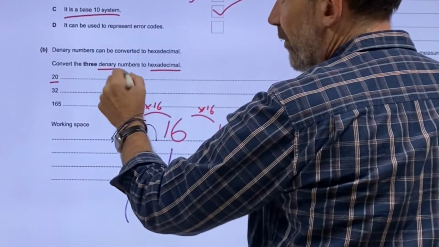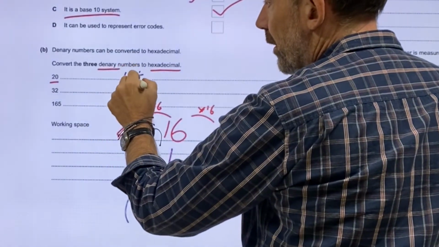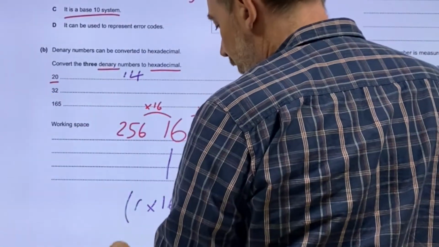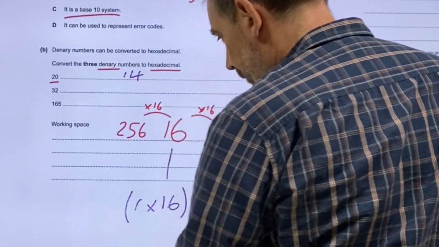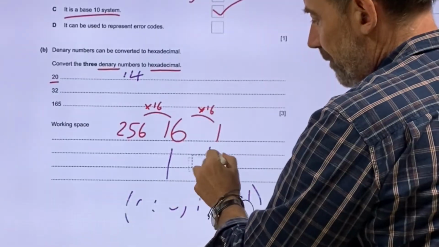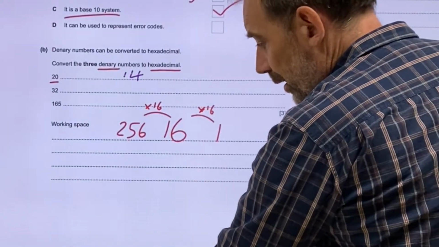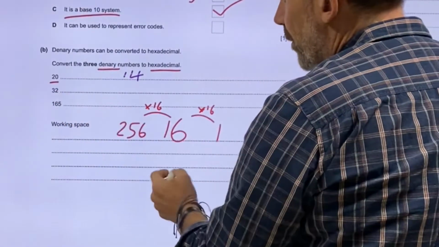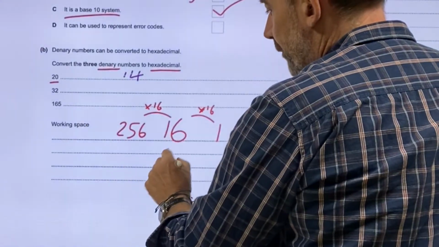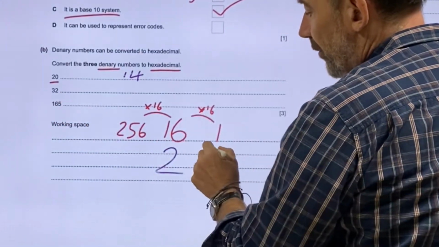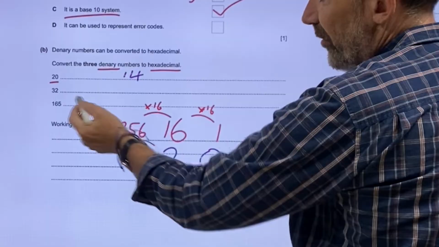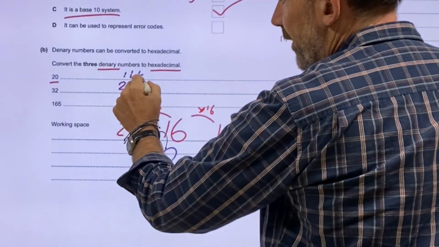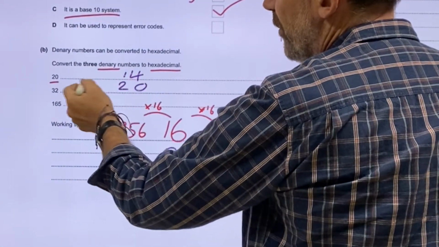The answer for that one would be 14. Okay, 32. Again, we've got 2 lots of 16, 0 units left over. 2 16s equals 32, so it would be 20. 2 0 in hexadecimal.